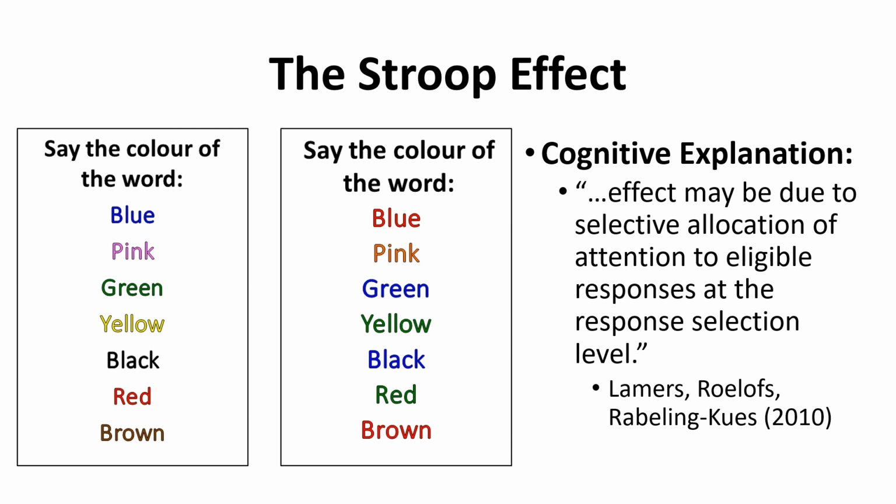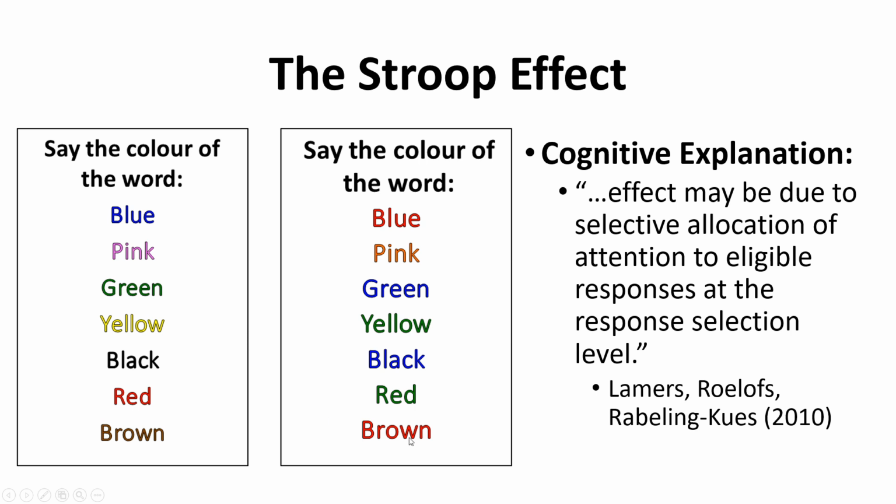You've probably seen this done before, where you have a list of words, they're all color words and they have different colors. So in the first box here, we say the color of the word. So the word is blue and it's in the color blue, so you'd say blue fairly quickly. Pink, it's colored pink and the word says pink, so you'd say it fairly quickly.